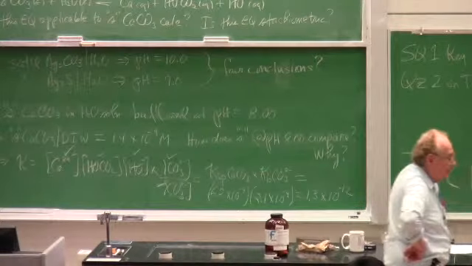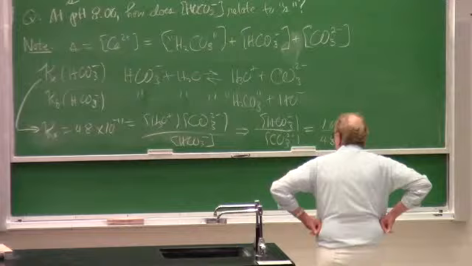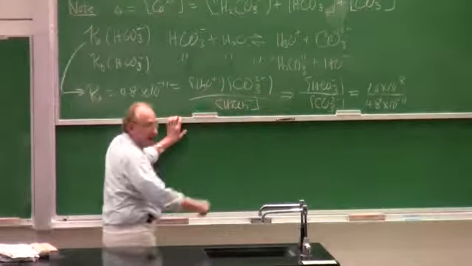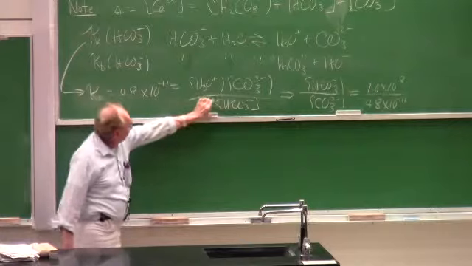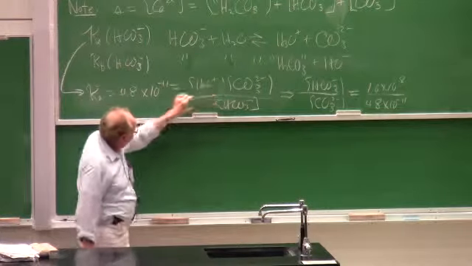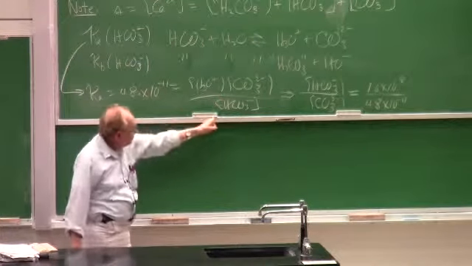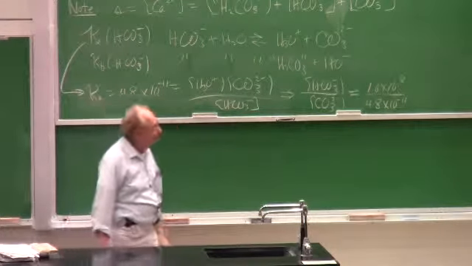All I did was take this relationship and rewrite it so that I got bicarb molarity up here, carbonate molarity down here, hydronium ion molarity stays where it's at, and Ka goes down there. That's what I did.